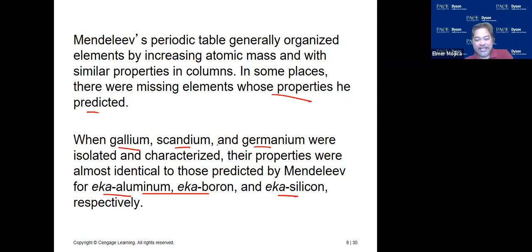And when gallium, scandium, and germanium were discovered, their properties were close to the ones predicted by Dmitri Mendeleev. So that's the reason why he was given the credit for the periodic table. But the arrangement that we have there is periodic properties.